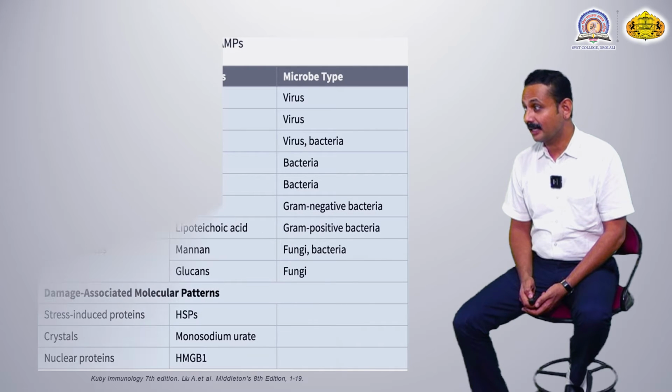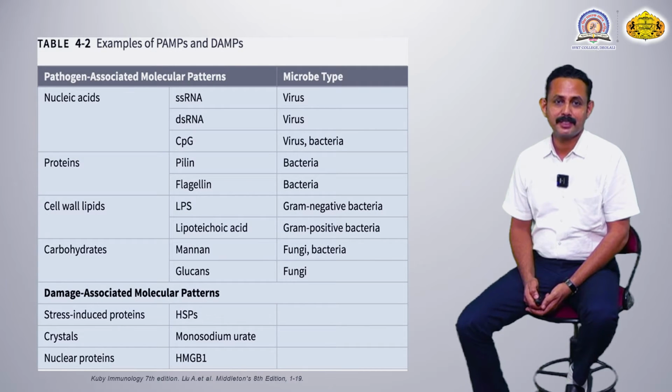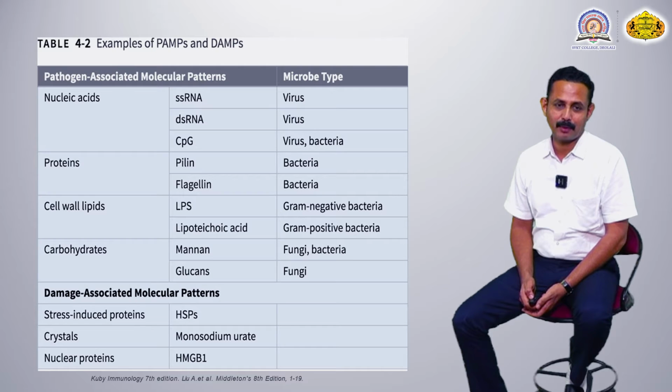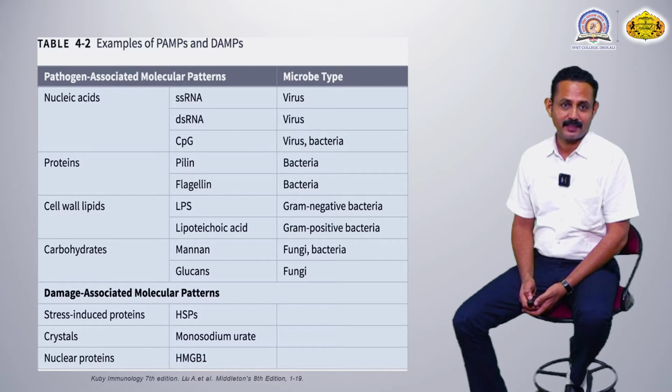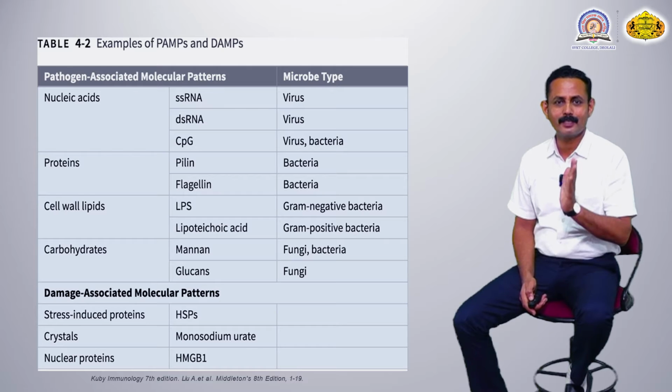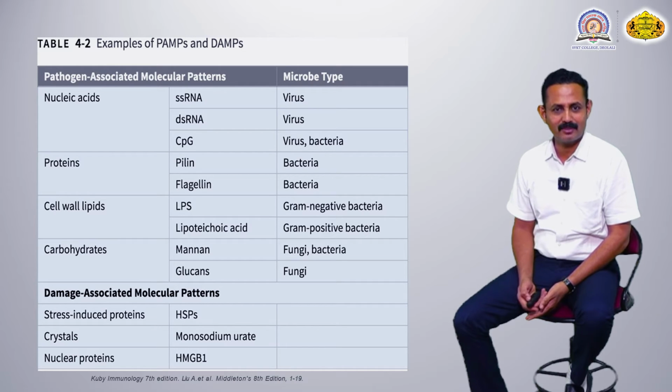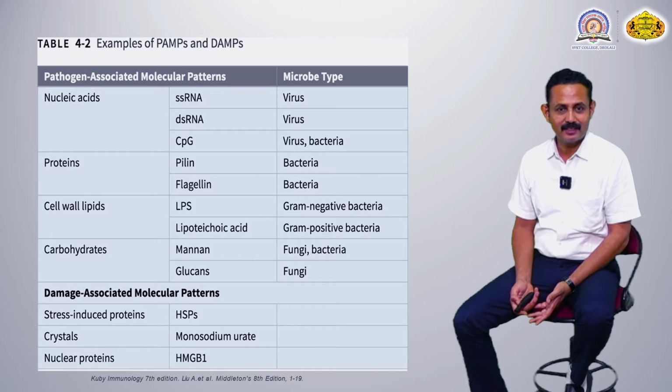Now there are different pattern recognition proteins and damage associated molecular patterns. These chemicals are mainly nucleic acids, proteins, cell wall lipids, carbohydrates, stress-induced proteins, crystals, and nuclear proteins. They are commonly present in cellular structures like single-stranded and double-stranded RNA, pilin and flagellin, which are components of pili and flagella, lipopolysaccharides, lipoteichoic acid, mannan and glycans.